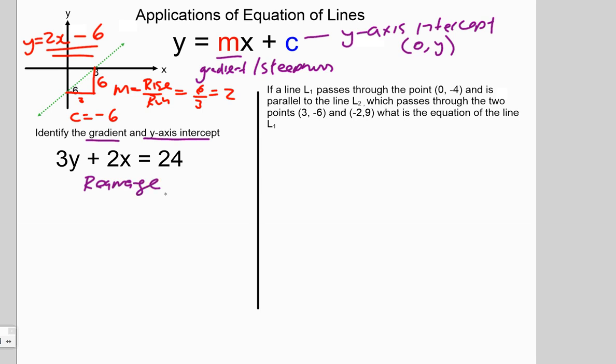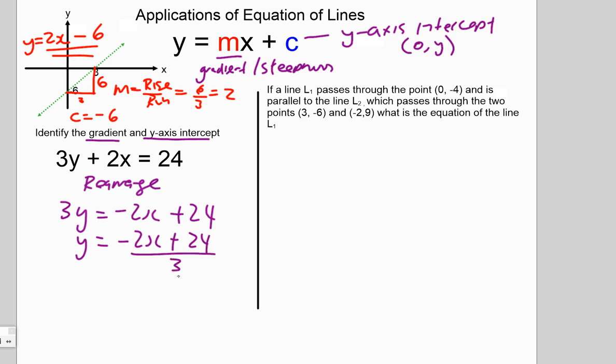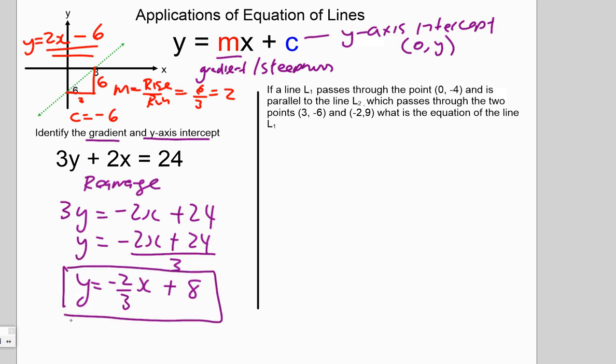I want to make y the subject, so I get 3y equals minus 2x plus 24. I then need to divide everything by 3, so y equals minus 2x plus 24, all divided by 3, which we can write as y equals minus 2 over 3 x plus 8, since 24 divided by 3 is 8. And there we have the equation of our straight line.